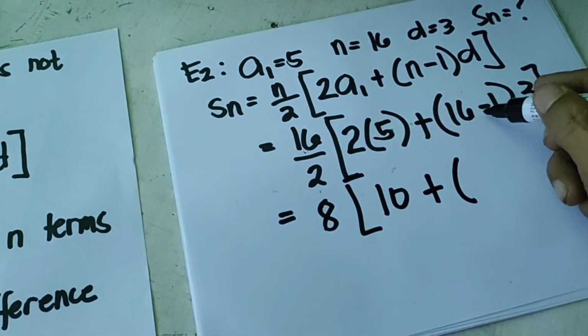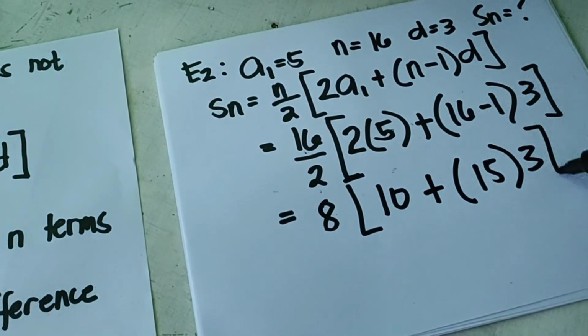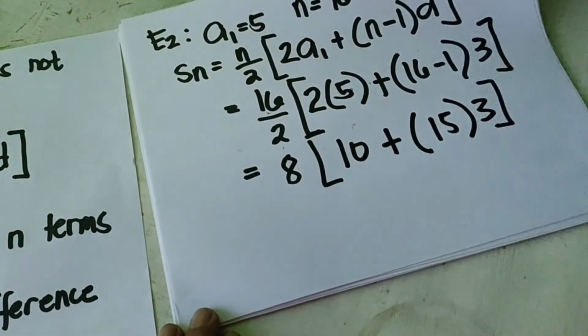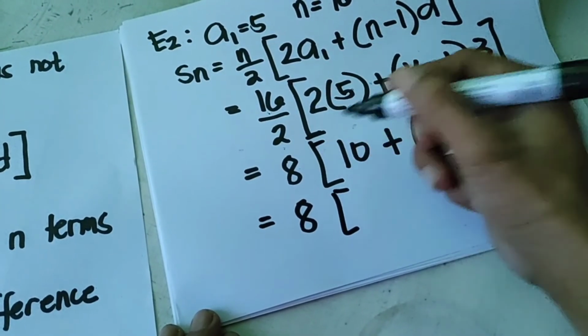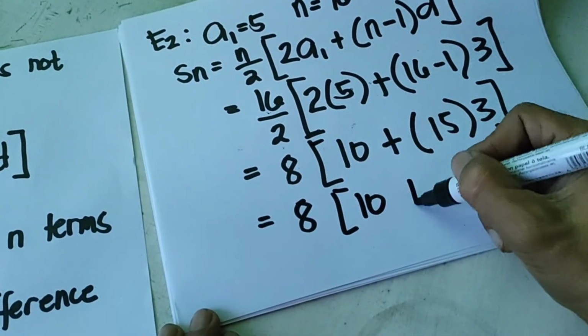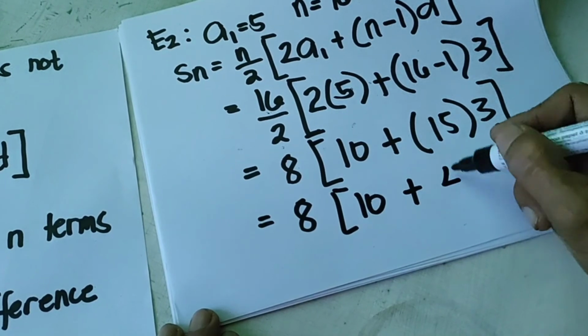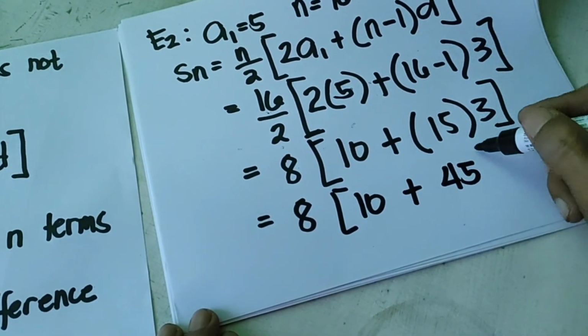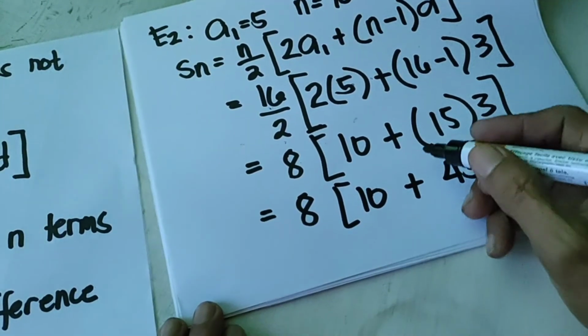Plus, this is 16 minus 1 is 15 multiplied by 3. Okay, next, we copy 8. Then, we have 10 plus, you multiply first this one. This is 45, because 15 times 3 is 45.